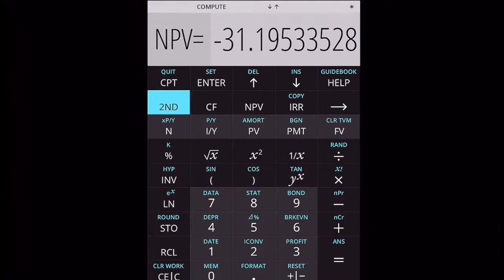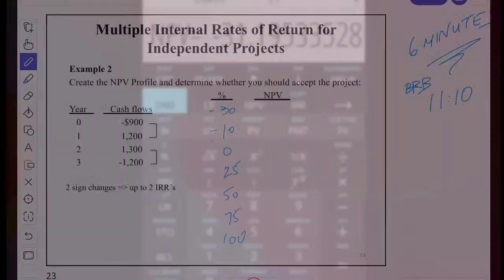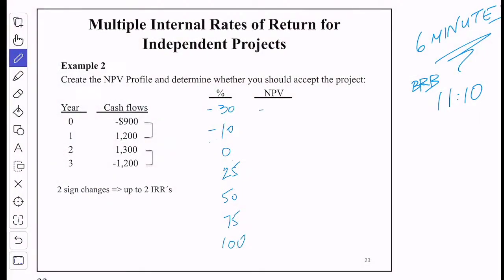So it is a negative. So -30 gives -31. This is -31, and remember this is dollars. So it's negative here, but then because we know -29 is the IRR, it's going to cross over right away. This is going to be a positive.